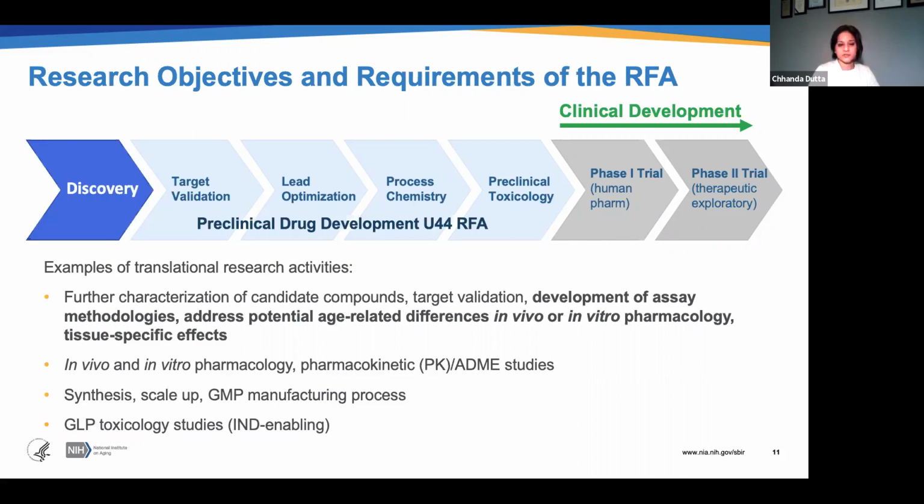We feel that these kinds of studies are important to get an idea of what the on-target and off-target effects of these compounds might be fairly early in the drug development process.